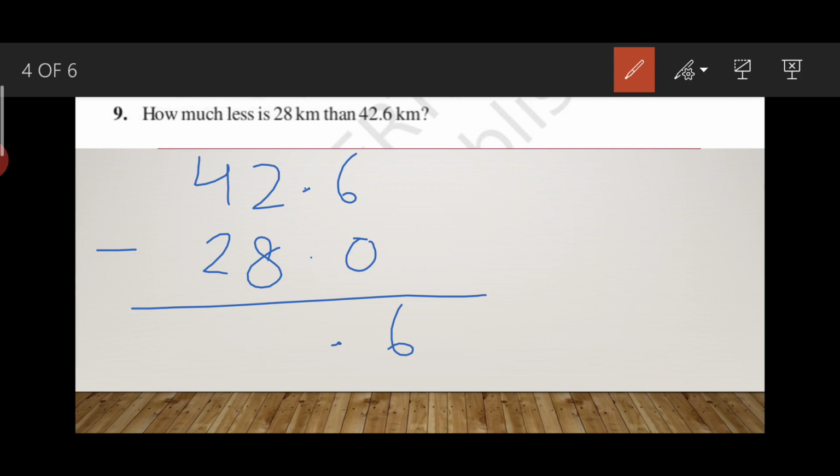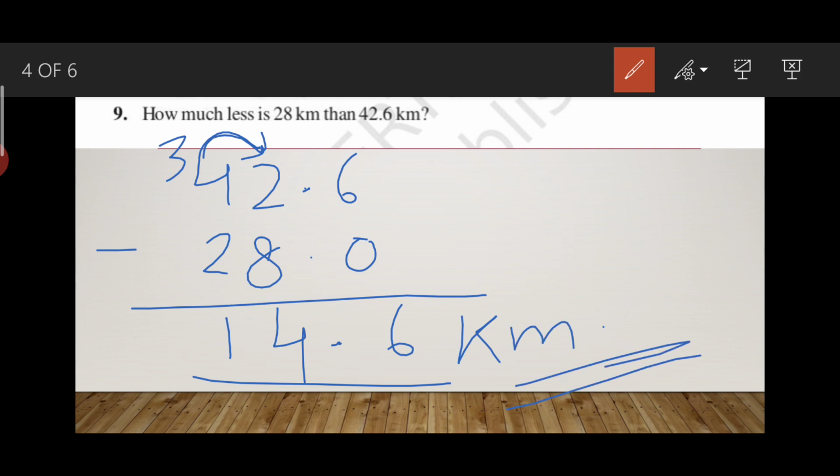Now 2 minus 8 is not possible, so we will take a borrow from here, and it will become 12. 12 minus 8 is 4. If 4 has given 1 borrow to 2, so what will become here? 3. 3 minus 2 is 1. So we can say that 28 kilometer is 14.6 less than 42.6.